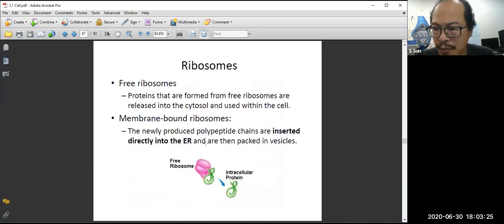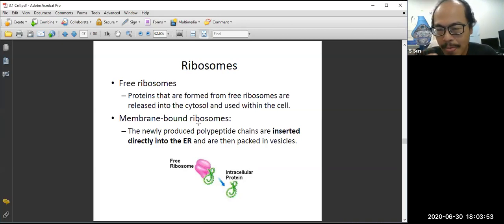So the job of the ribosome is to produce protein. For the free ribosome, it will generate the protein, and when it's generated, it will just release that protein in the intracellular space, leave it there. But if it's a membrane-bounded or fixed ribosome, it's fixed where? ER, right? Endoplasmic reticulum.